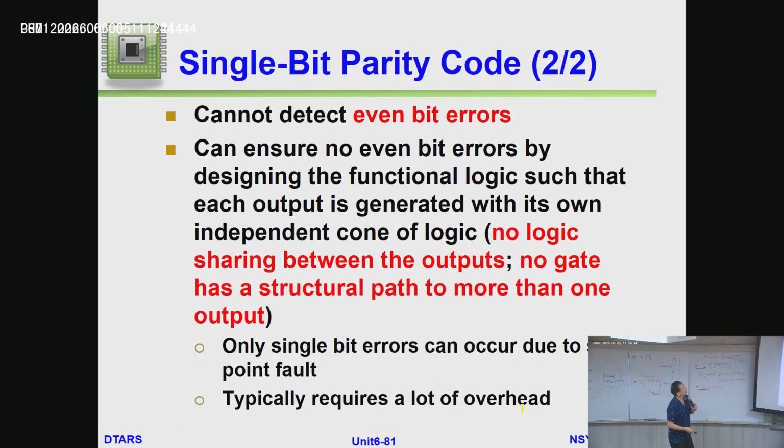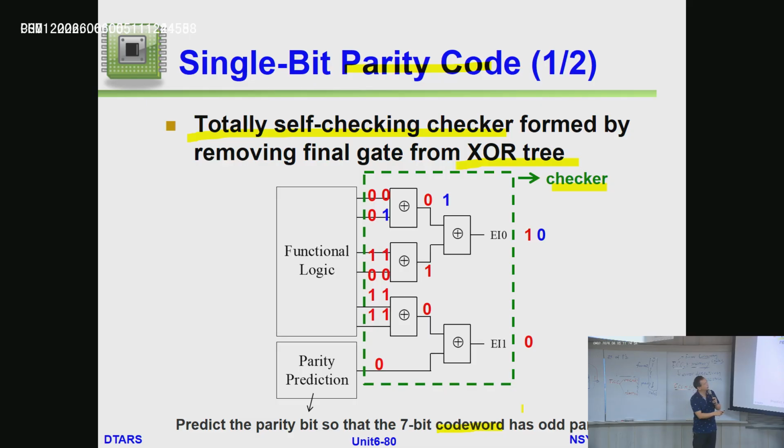Okay, so for the single bit parity codes, there is one limitation. You should be able to easily imagine that it cannot detect even bit errors, because if you have even bit errors, the parity doesn't change. For example, if you have this 0, 1, 0, and there are also errors here, then it will become 0, 1, 0, 0, 1, 1.